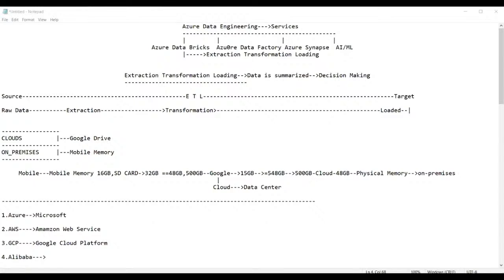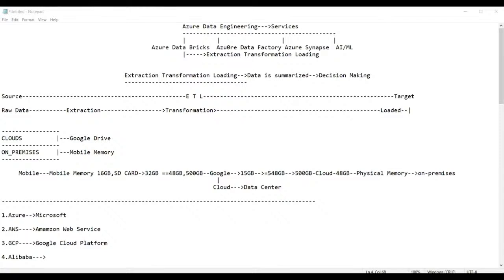Will there be a combined batch for both Databricks and Data Factory? See, the Data Factory batch is at 7 a.m. and started today itself along with you, and Databricks is at this time. Combined batches means these are two different services, so I teach them differently.